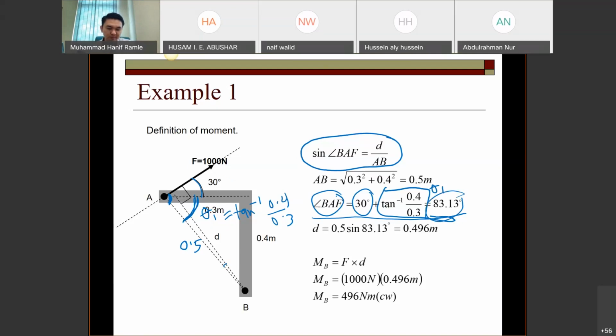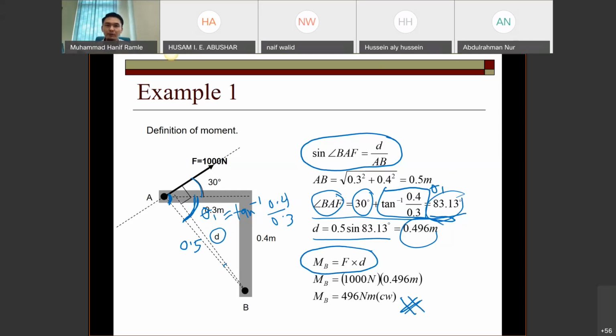If you are trying to find D, you have to use this equation, which is trigonometry as well. So you will get D equals 0.496. Once you have D, you can use the general equation, the definition of moment, MB equals F times D. Substitute F and D into the equation, and you will get the final answer of the moment of the force about point B.